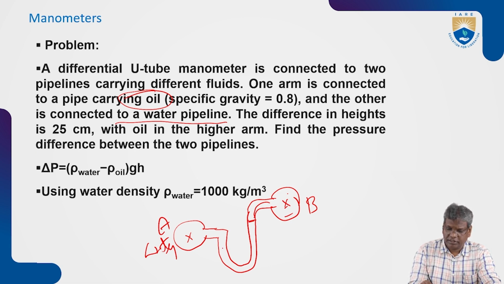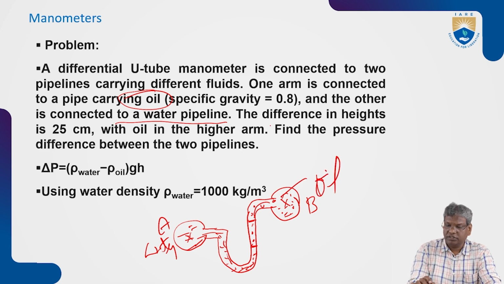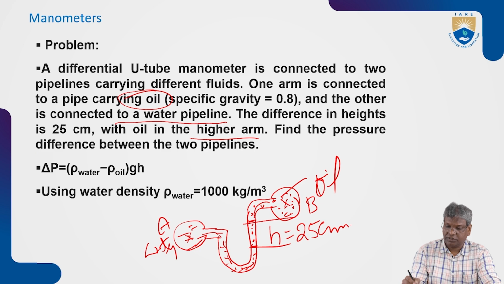So oil is higher, that means this is the water, up to here. From here, you can keep some dots to show the difference. So this is oil, this is water. The height between these two is h equal to 25 centimeters.